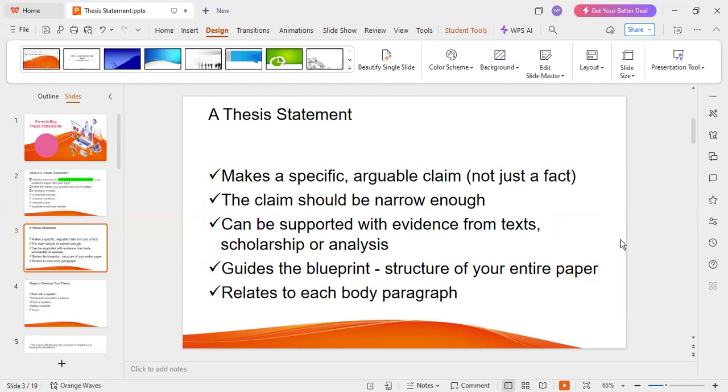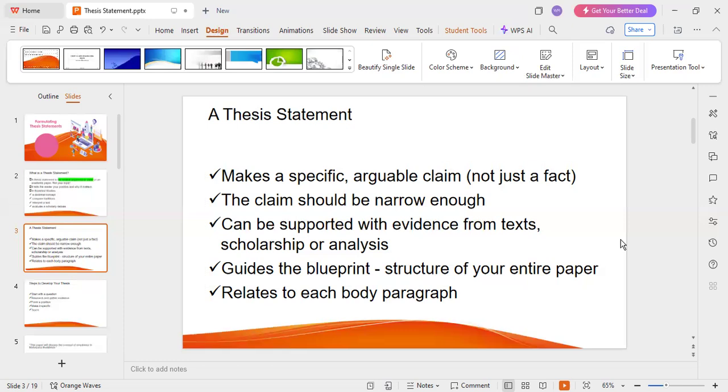And if you are using such scholarly evidence, if you are referring to the existing scholarship, your thesis statement must be provable through examples, right? It should not be provable just by your personal opinion.